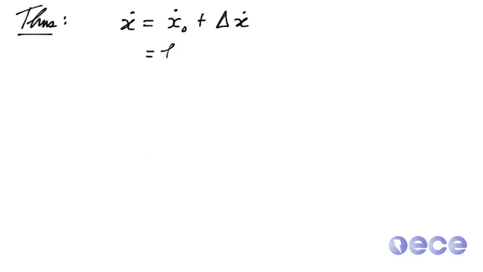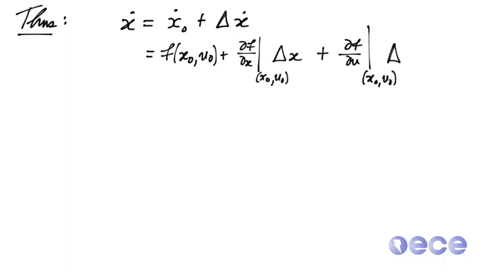Well, now if we rewrite x dot as x dot 0 plus delta x dot, we can rewrite this in terms of the Taylor series expansion. So remember, x dot is equal to some function f of x and u. So we've approximated f of x and u as our operating point, plus the first order term of x, plus the first order term of u.